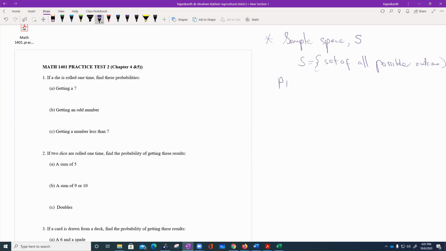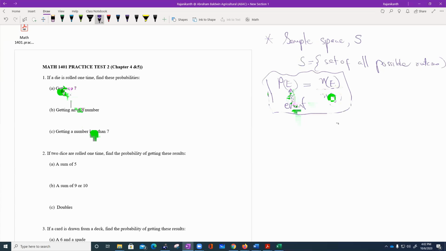Suppose if you want to find the probability of any event E, this is basically nothing but the number of possible outcomes from that particular event. Then you have to divide by the number of all the possibilities from your sample space. Okay. So this is the formula basically we use for the probability problem. Okay, E could be any event.